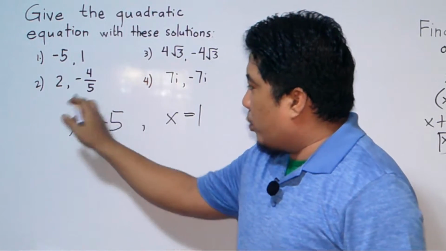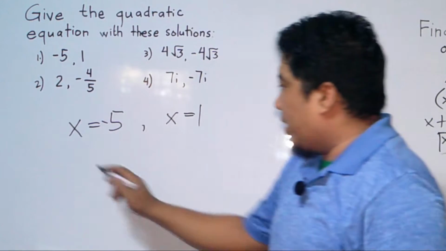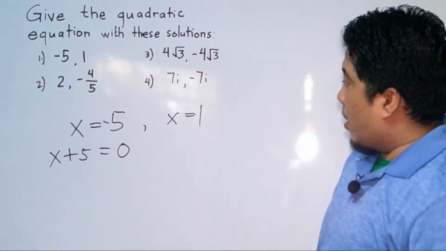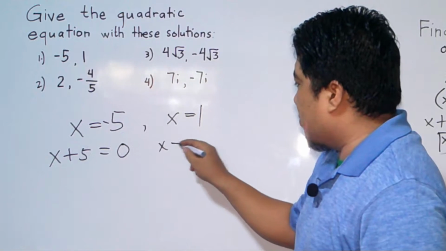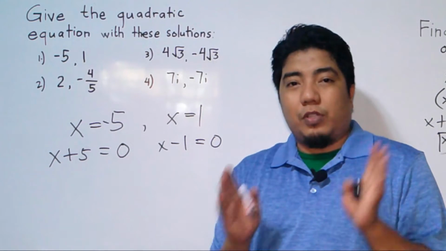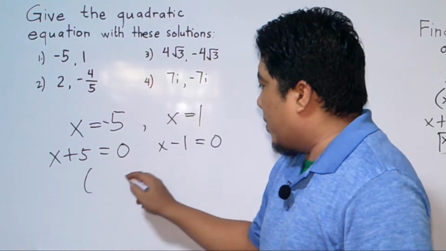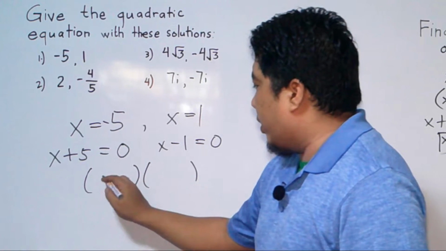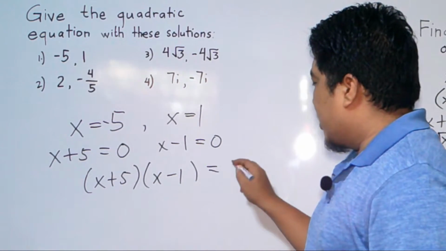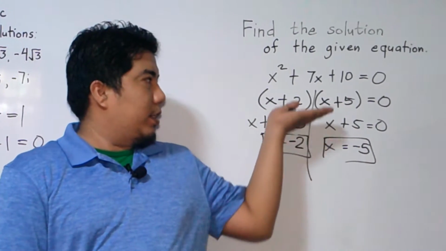So what we will do is we first transpose it to the other side. That will give us x plus 5 is equal to 0. Then this one, we will have x minus 1 is equal to 0. Okay, both are equal to 0. So now we can use them as our factors equated to 0. Same as what we did in the second step.